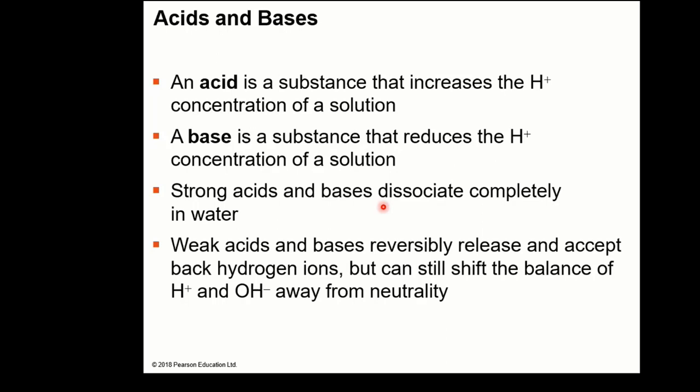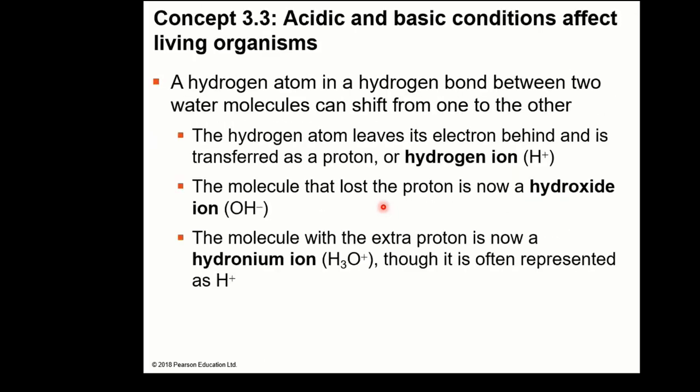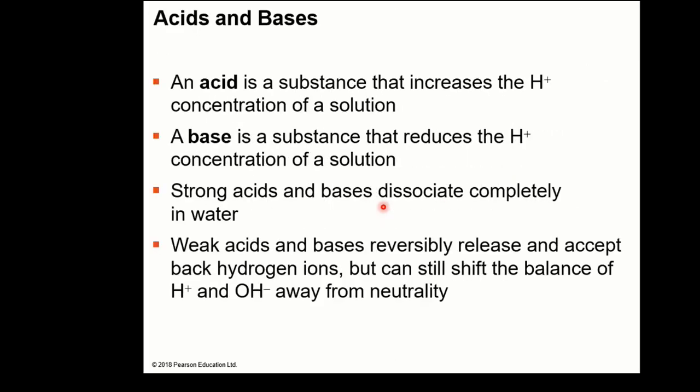An acid is a substance that increases the hydrogen ion. Am I correct? It's hydrogen ion, right? Yes. So an acid is a substance that increases the hydrogen ion concentration of a solution.